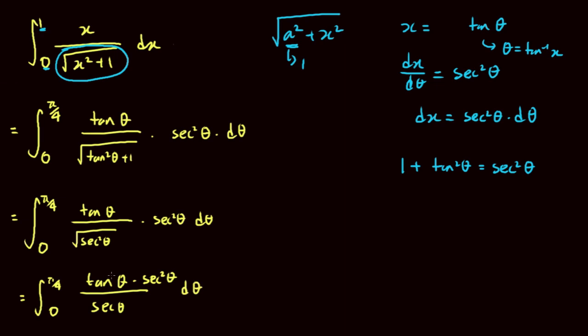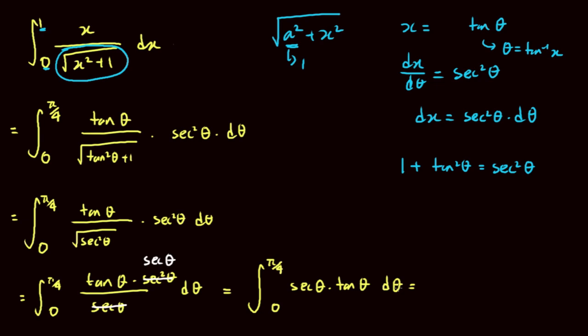As we simplify this, we just end up having sec theta. Your expression is nothing more than the integral from 0 to pi over 4 of sec theta times tan theta d theta.